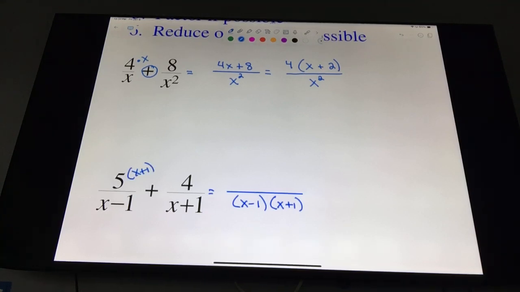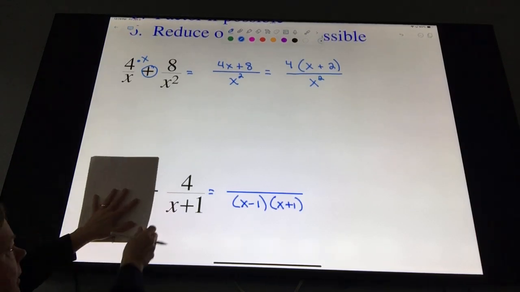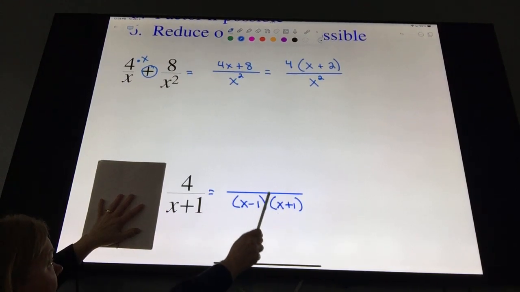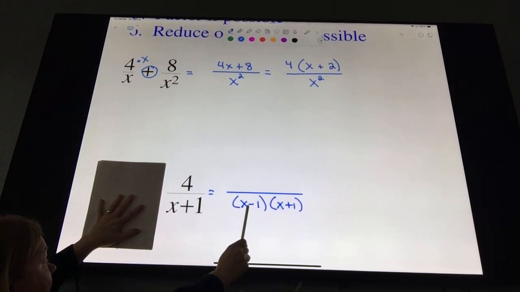So you need to be able to look and compare. When you're comparing that denominator to the common denominator, you've got to look at what's missing or what's different. And that's what you're multiplying by. So like on this one, look at this denominator. What's not here that is over here? The x minus 1.